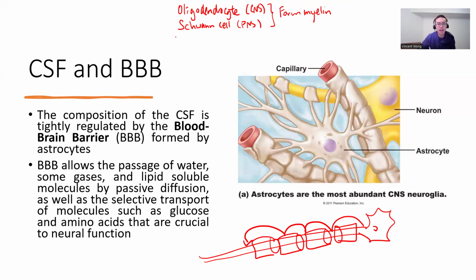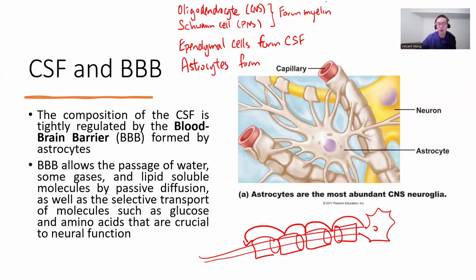On the previous slide, we also learned about ependymal cells. Ependymal cells, which forms, what does it form? Can someone tell me? Thank you. It forms the CSF, cerebrospinal fluid. And now we have the astrocyte.